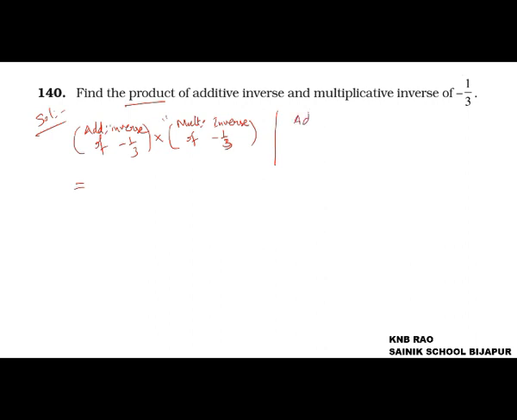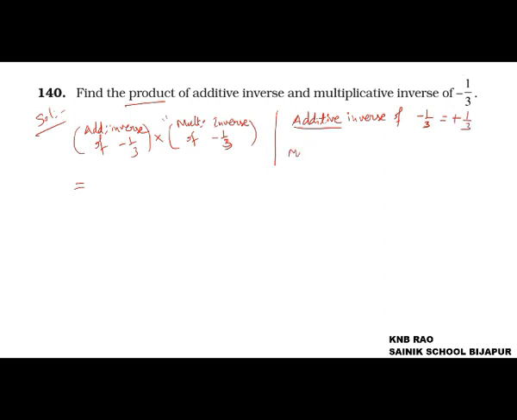So, what is the additive inverse of minus 1 by 3? The procedure is the same. If you want to find the additive inverse of any number, change the sign. Here the negative number becomes positive. That's it.